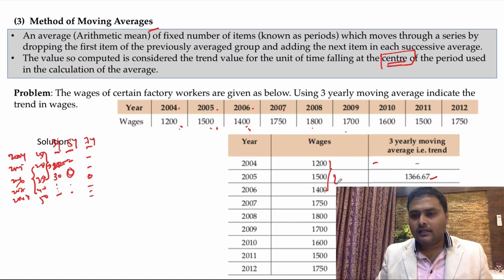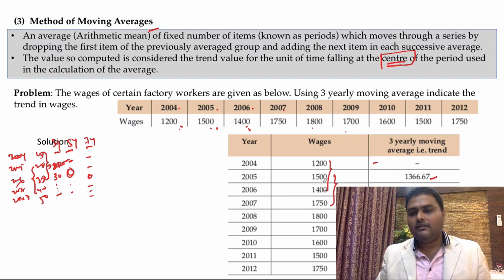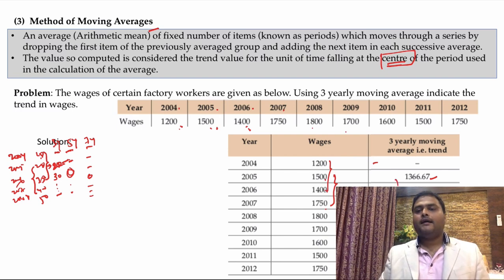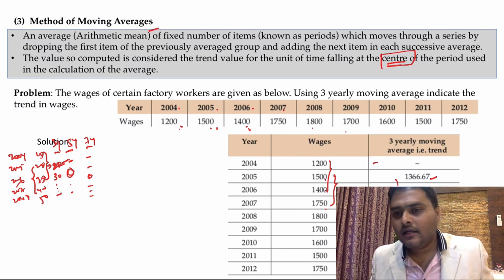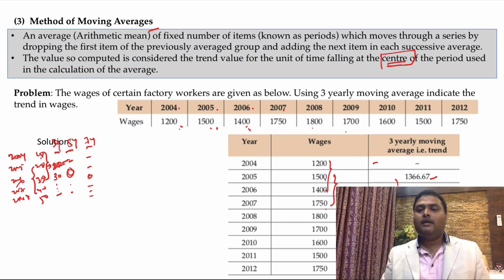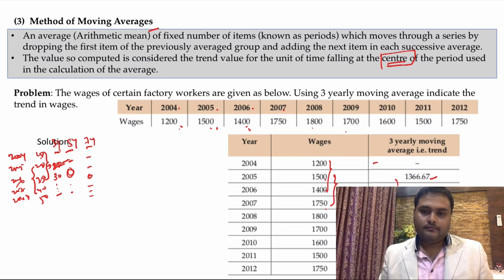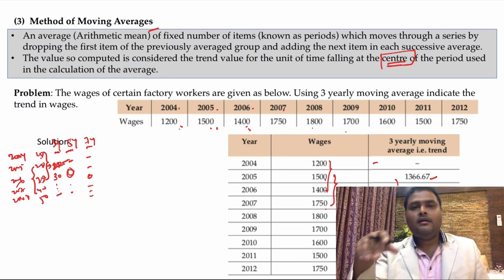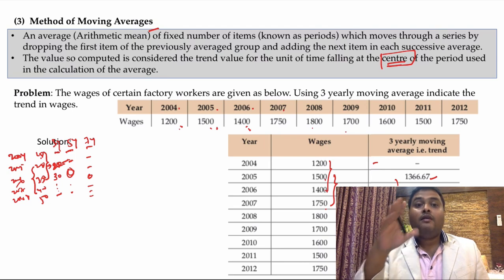Similarly, for the next one, I'm taking the average of 1500 plus 1400 plus 1750 divided by 3, and writing it here: 1550. In this manner, we calculate the next years' 3 years moving average values. Hope you have understood this, and next we will be taking an example of 7 years moving average.